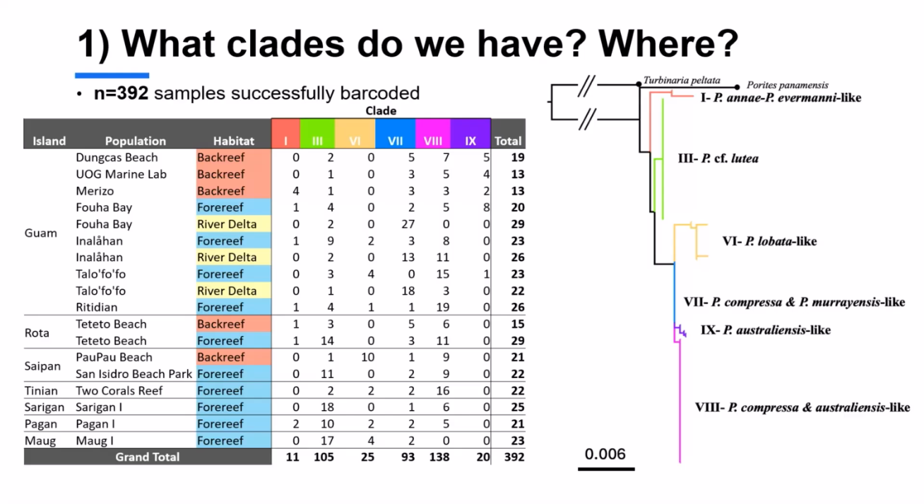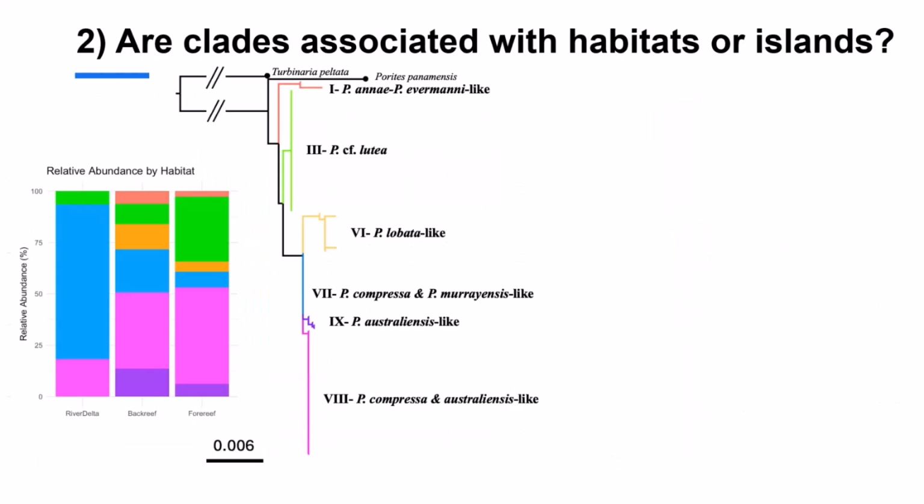And I address that on a sample-by-sample basis with reference sequences from that paper that I referenced a bit earlier. So once we normalize relative abundance of these clades by habitat type, some trends begin to emerge. As you can see, that blue clade, clade 7, is more common in the river delta habitat than it is in the fore reef habitat. But is that trend statistically significant?